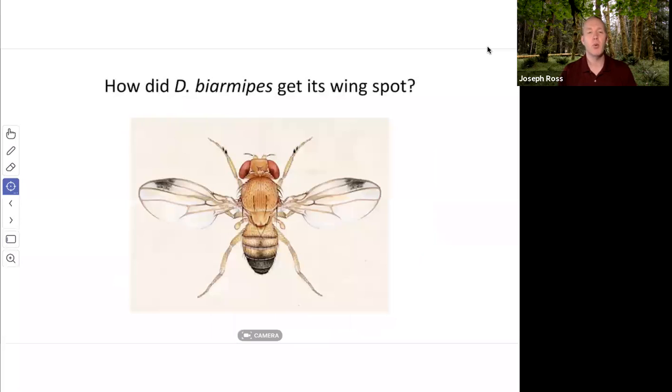So again, the big question is, how did Drosophila biarmipes get its wing spots? What's happening at the gene regulation and protein production level of, say, the yellow enzyme to concentrate yellow in these spots?